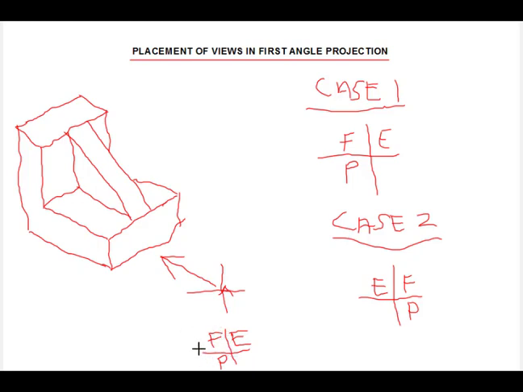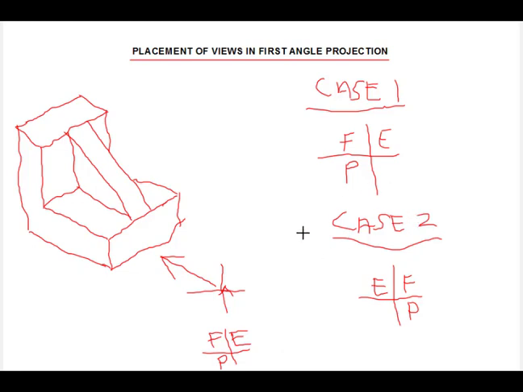You need to take note that the front view and the plan are always vertical. In first angle projection, the plan is always beneath the front view. That's what you need to know.